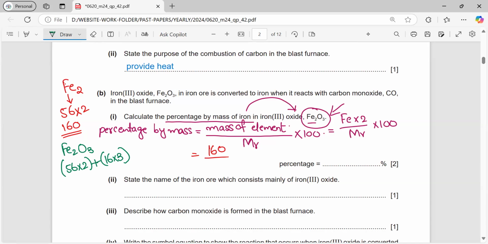That's how we calculate the MR, and the MR comes out to be 160. So in the numerator, we will put 112 divided by the molecular mass of the compound, 160, multiplied by 100. And the answer comes out to be 70%.